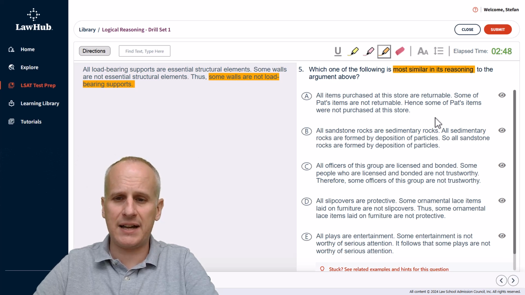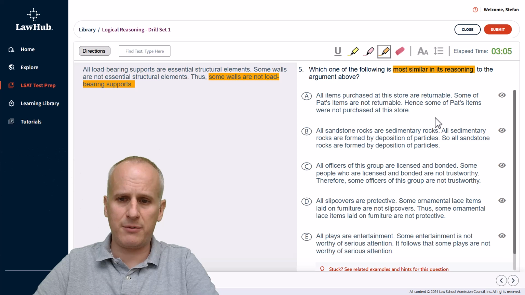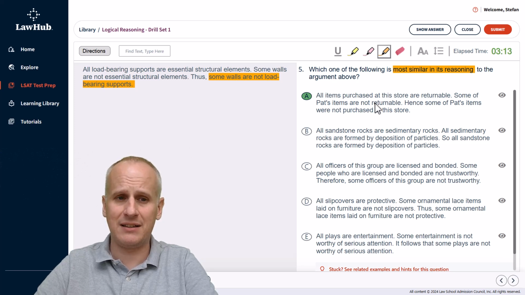Some of Pat's items are not returnable. Well, this matches the second statement of that left-hand argument as well. Hence, some of Pat's items were not purchased at this store. Well, we said if it's purchased at this store, then it's returnable. These items are not returnable, so therefore they are not purchased at this store. This matches our argument exactly, is a valid contrapositive, and we might select A right now if we're running out of time in the section.